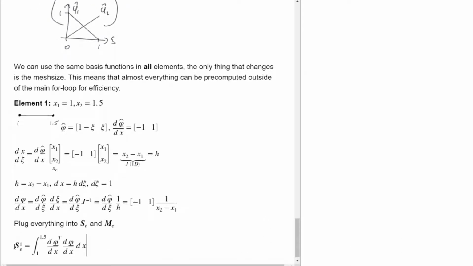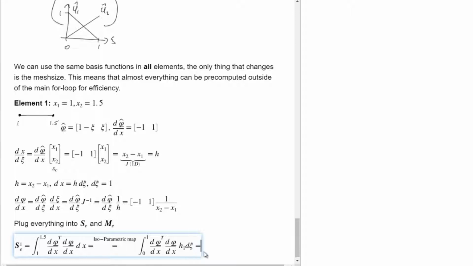So our element stiffness matrix for element number 1 is the integral from 1 to 1.5, and then we have our basis functions, the derivative with respect to x. Now we can rewrite this using the isoparametric map, and this becomes the integral from 0 to 1. I'm just keeping the basis functions dependent on x here, so they're still the same, but now I'm just changing the x to h1 times ξ.